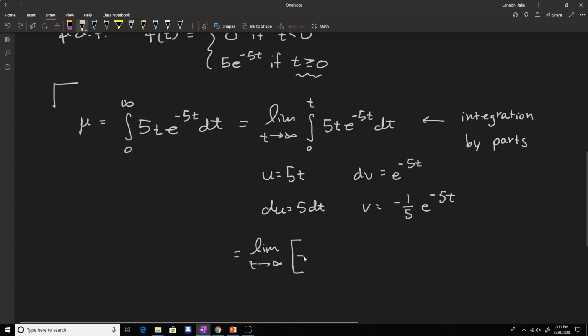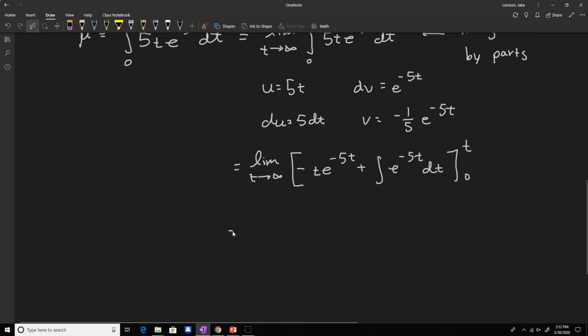So we have minus t e to the minus 5t minus the integral of v times du. Now we'll have two negatives, so this will turn into a plus, and the 5 will cancel with the 1/5, and we just have the integral of e to the minus 5t dt. And again, this is all from 0 to t.